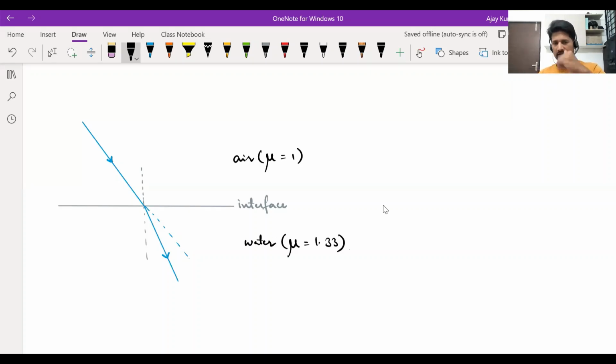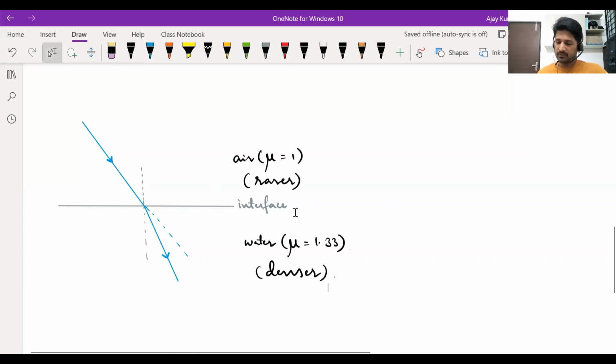Instead of going straight, it bends towards the normal. And among two media, the one which has lesser refractive index is called the rarer medium. The one which has higher refractive index is called the denser medium.